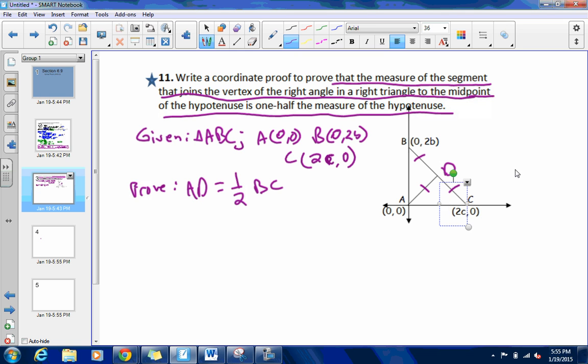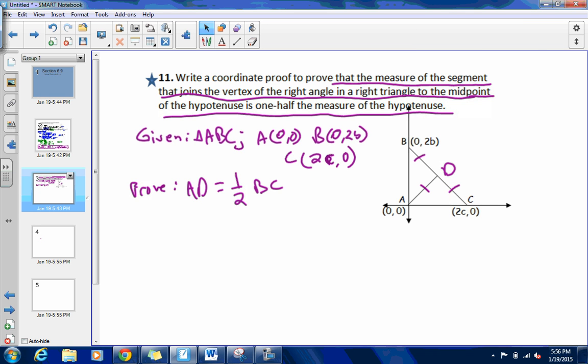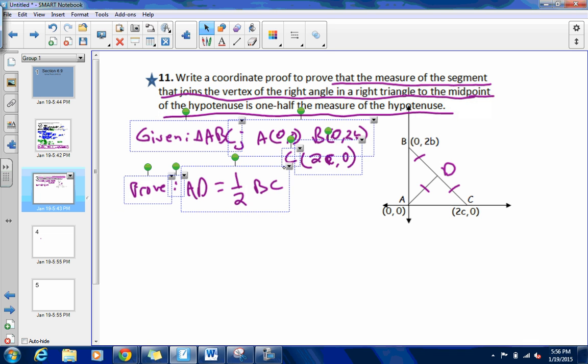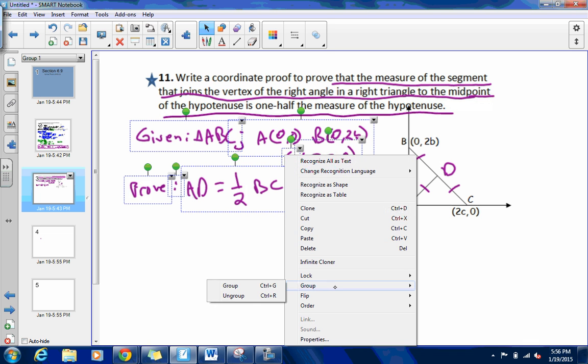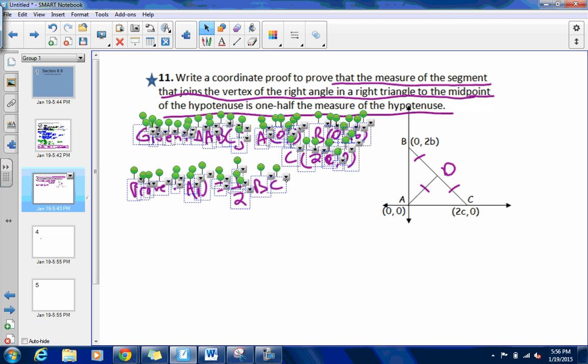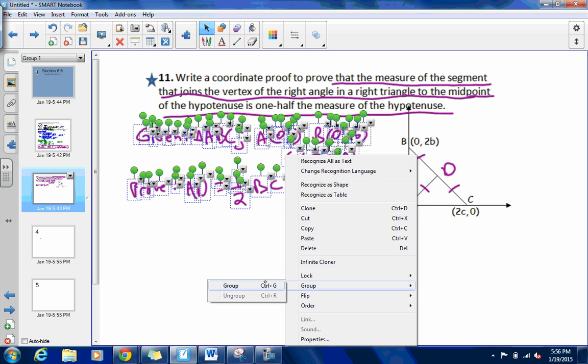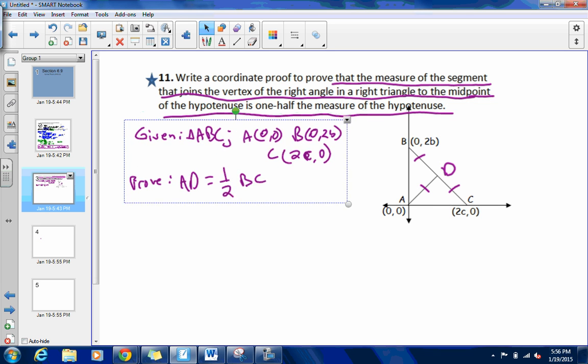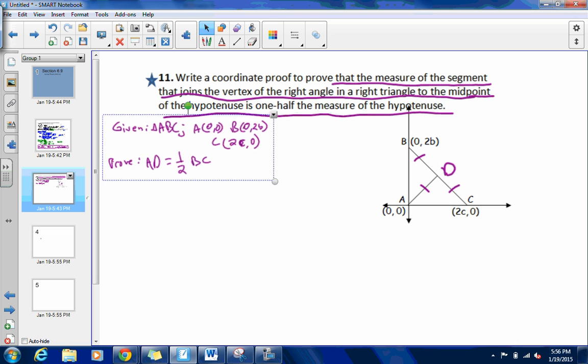because I think that'll be easier once I find the point D anyway. So, what I'm going to do is minimize this a little bit so I can have a little bit more room. That's what we're trying to prove up there.